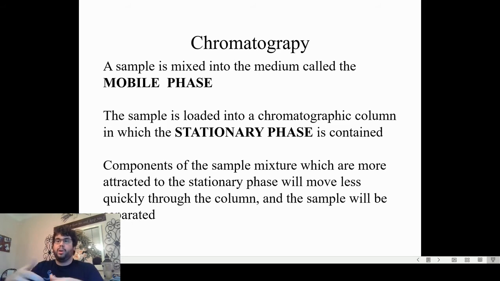That's the column or the paper or whatever. It's the physical stuff that the molecules are running on or through. However strongly the sample molecule interacts with either the stationary phase or the mobile phase depends on how quickly it runs through the chromatography test.